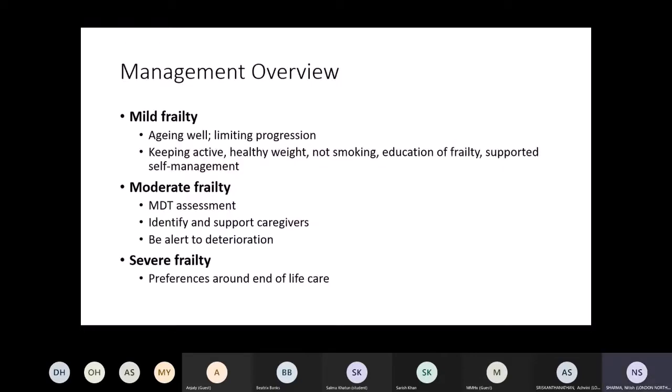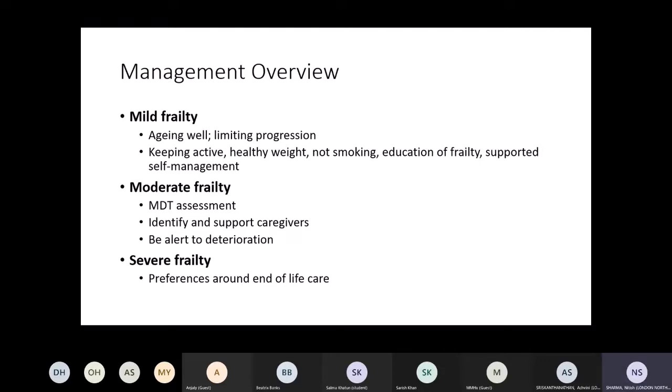Management. Mild frailty would be patients who are aging well, but this is limiting their progression. So important things would be keeping them more active, keeping a healthy weight, having a good lifestyle, not smoking, explaining what frailty is, tackling the psychological and social issues related to it, and supporting them in self-management.